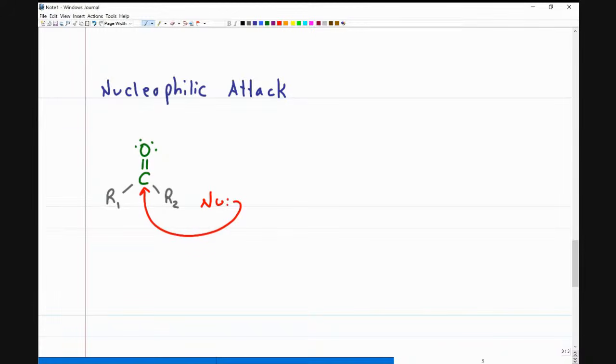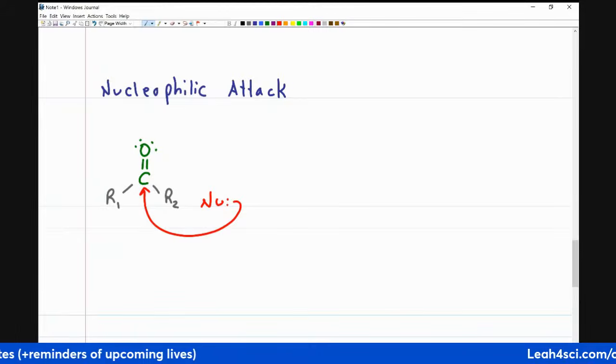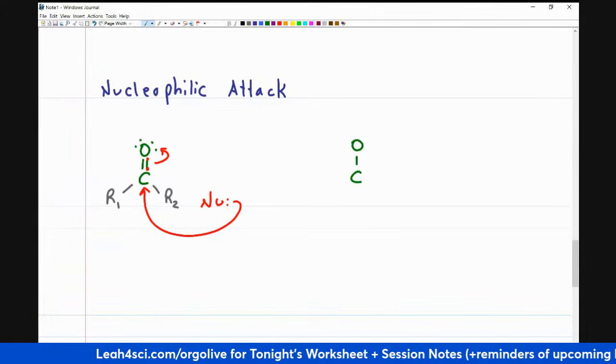At this point, if I form a new bond to the carbonyl carbon, it's going to have a total of 5 bonds, which makes it impossible. 5 bonds exceeds the octet. And so carbon will have to break one of the bonds between itself and oxygen, release it up onto the oxygen atom, giving me a new structure that now looks like this.